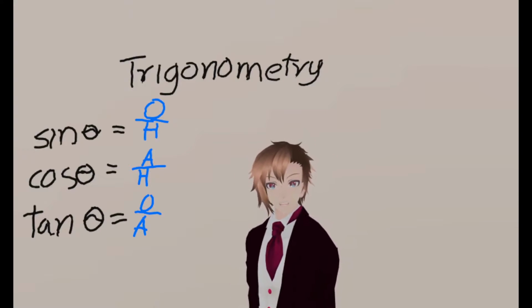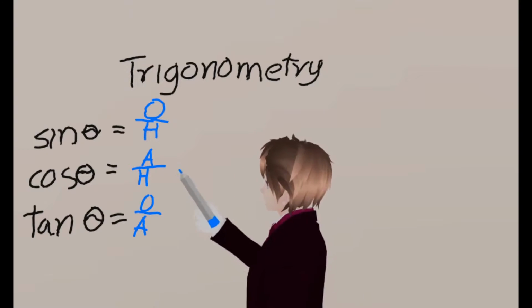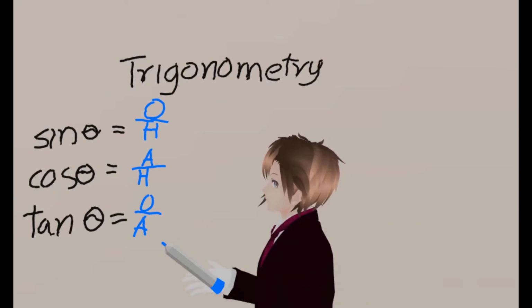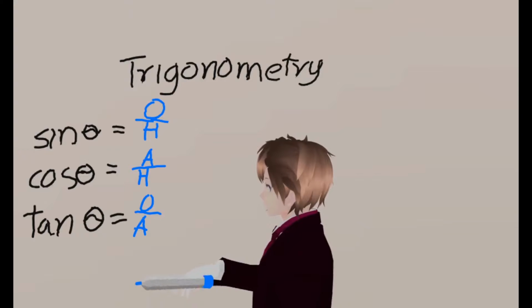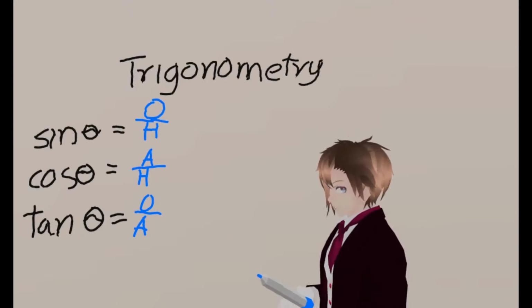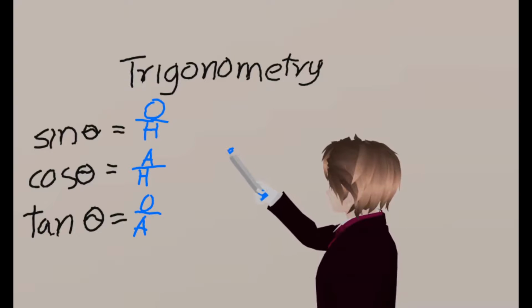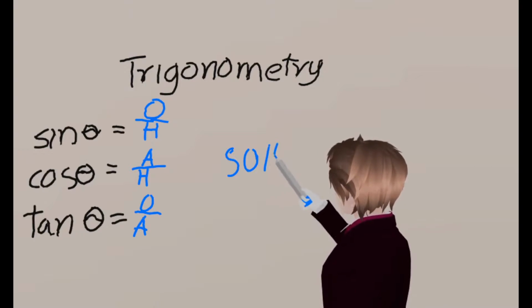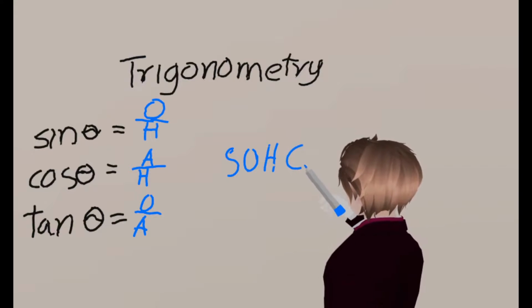There is a common trick to remembering which ratio is which by using the letters. We have SOH, CAH, TOA. It has a nice ring to it.